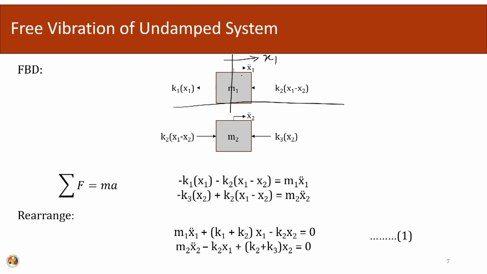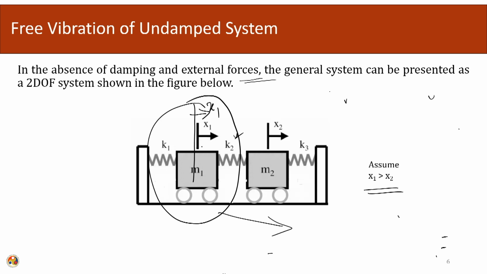If we write it down using D'Alembert's principle, the pseudo acceleration will be m1 x1 double dot. Now, what happens to k1? If this moves a distance x1, k1 will stretch a distance of x1, so the resisting force here will be k1 x1.